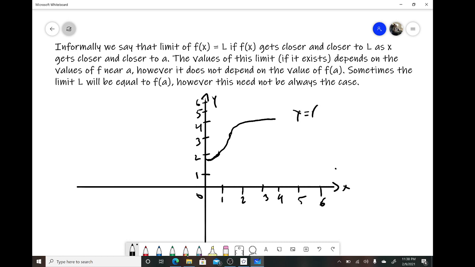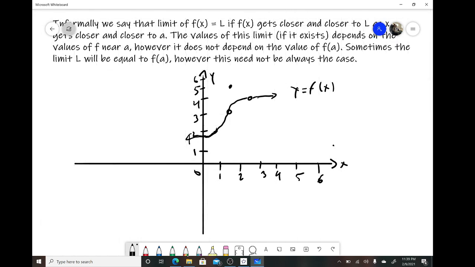So this is y equals f of x. Now at 2, we're actually up at 5, and we have an open hole here, and we have an open hole here. So let me erase this. Okay, so this is our function, and it continues to go on either side.